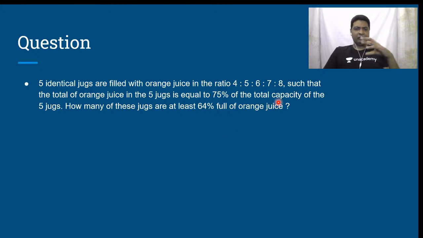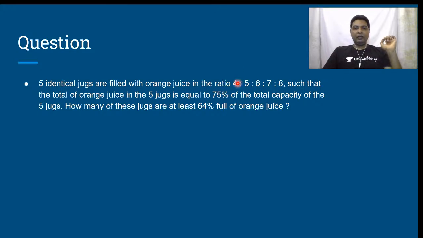If each jug capacity I am assuming is 100 units, then the total will be 500 units. 75% of 500 is nothing but 3/4 of 500, which will be 375, right? So therefore, the total amount of orange juice in all these 5 jugs together is 375 units, right?